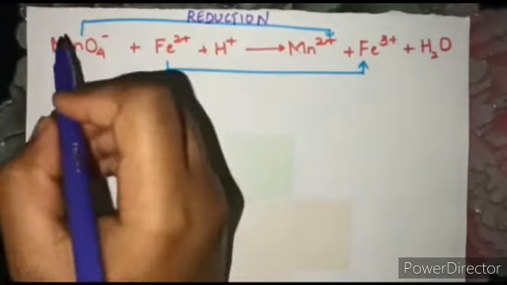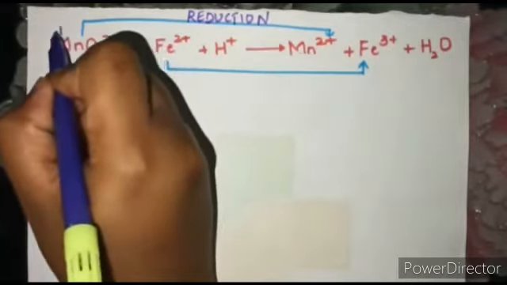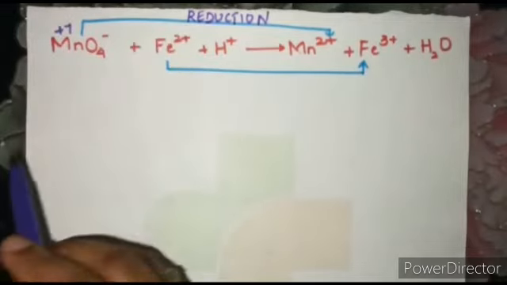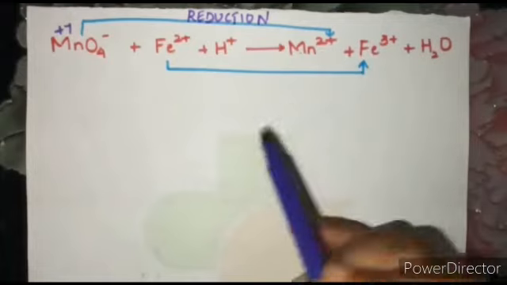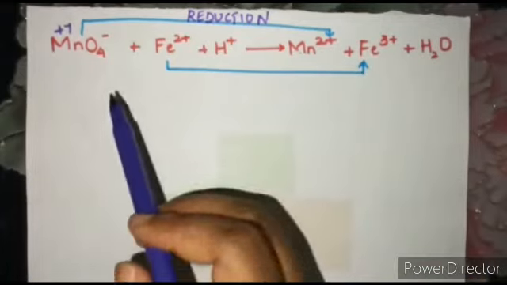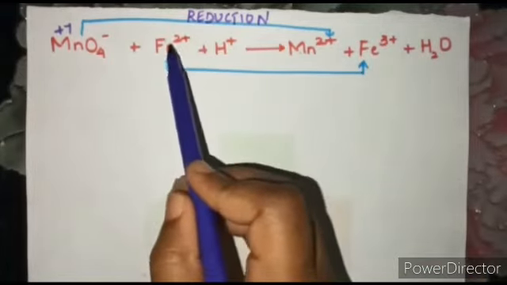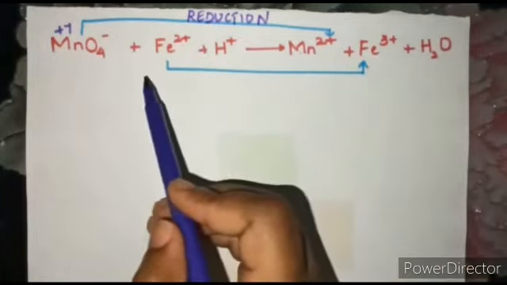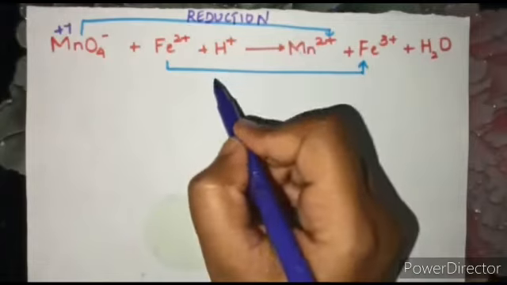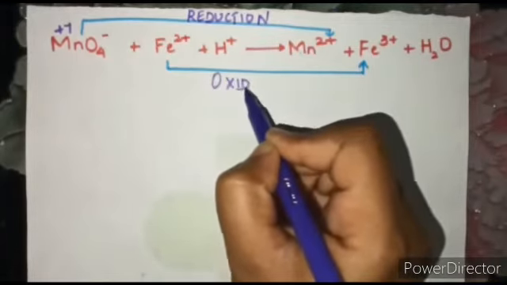Why? Because Mn here has the oxidation number of +7, and it leads to Mn2+ having the oxidation number of +2. Next will be Fe2+, which will be leading to Fe3+, which is loss of electrons, so it will be oxidation.